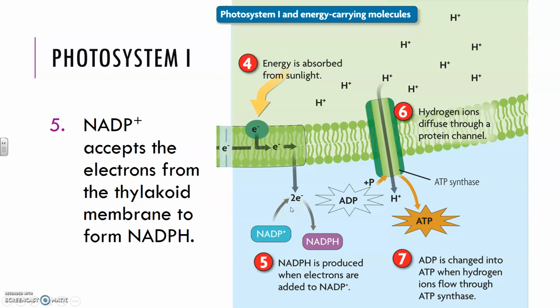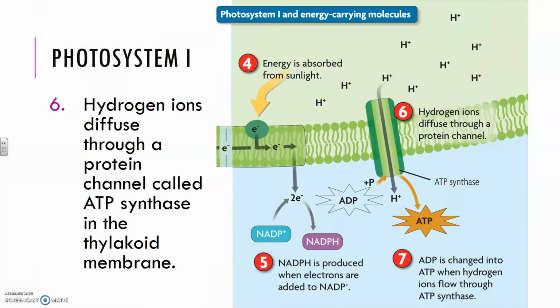Okay, now when we get to cellular respiration in 4.4, you're going to notice that cellular respiration has NAD plus and NADH. Okay, so very similar to photosynthesis's NADP plus and NADPH. I always say the way to remember it is you've got a P in the NADP plus and NADPH stands for plants. Okay?